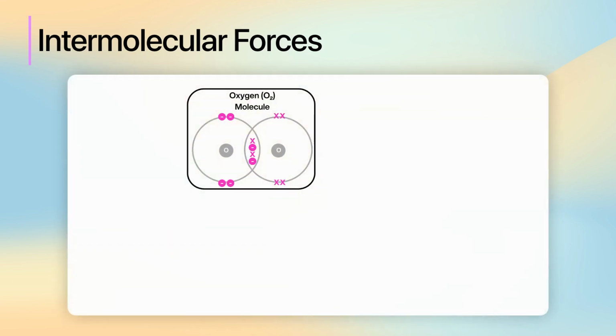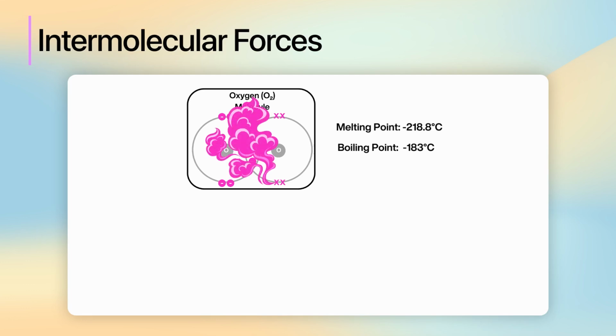For instance, oxygen is a diatomic molecule with weak intermolecular forces, resulting in a melting point of minus 218.8 degrees Celsius and a boiling point of minus 183 degrees Celsius. This means it is a gas at room temperature.